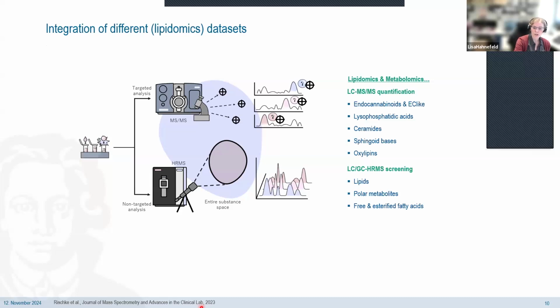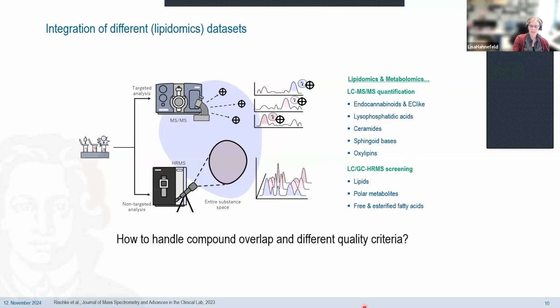But of course, using all these assays, we also get some kind of compound overlap. For example, ceramides are important lipid mediators, but they are also quite abundant lipids, so they are also covered in the lipid screening. And of course, now the question is, how do we tackle this compound overlap, also in assays which use different quality criteria and different selectivity?